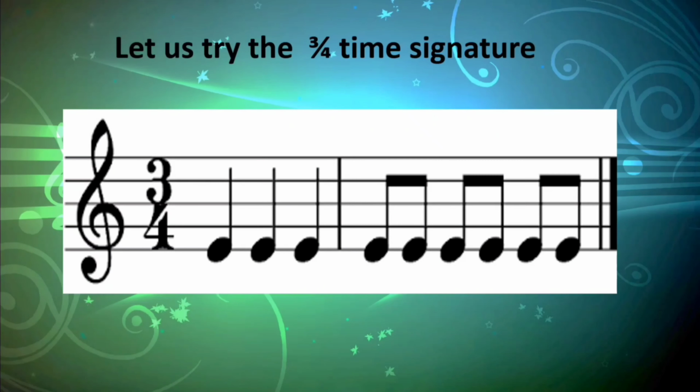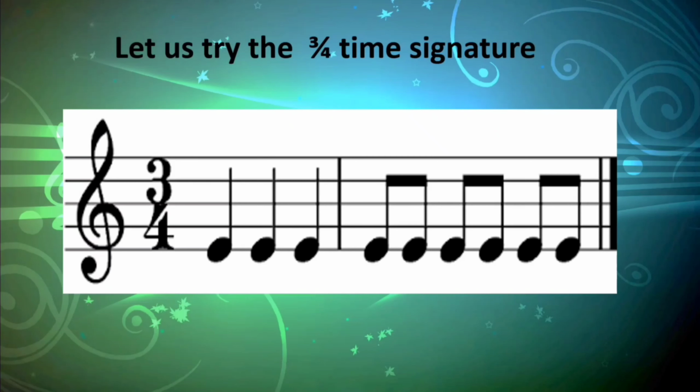Okay. Let's move on to the 3/4 time signature. In this example, we have 2 measures. The first measure is composed of 3 quarter notes, and the second measure is composed of 6 eighth notes. In the first measure, we have 3 beats because every quarter note receives 1 beat.